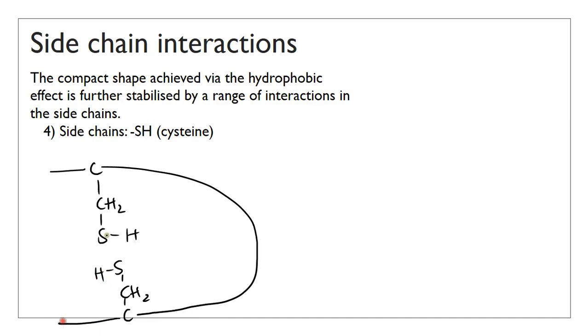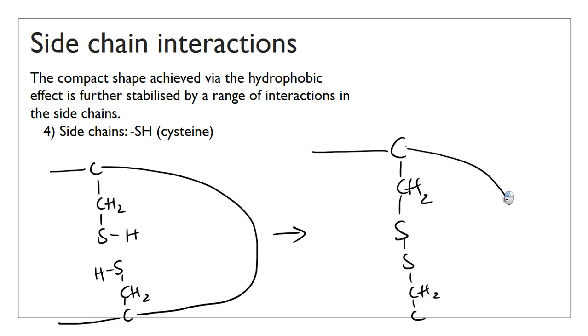So if you have these two side chains together, what tends to happen is the hydrogen is going to be lost, and they form a covalent bond between them. So you actually have this, and then another S, CH2, C. So you can form, believe it or not, a covalent bond.